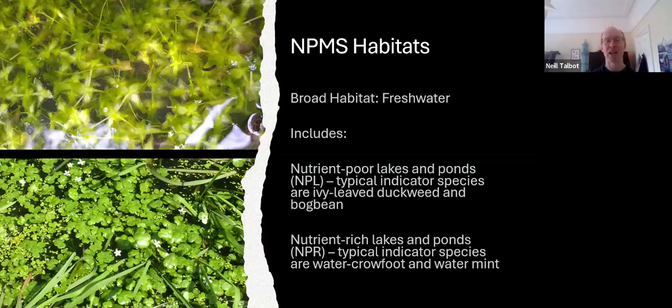There are a lot of overlaps in the species that will be recorded in those. I've put a photo at the top of a typical indicator species, ivy-leaved duckweed. This is one of the many duckweeds, or Lemna species, that you'll find.